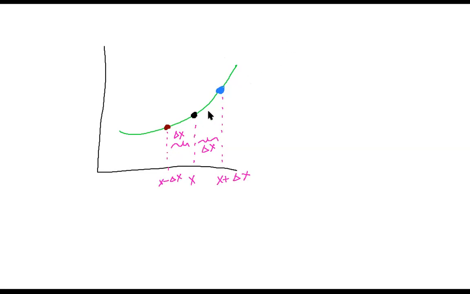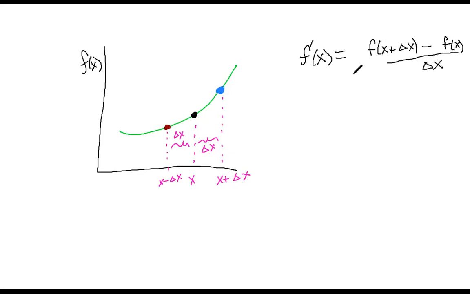If I call my function f of x, then I would say that the derivative f prime of x equals f of x plus delta x minus f of x, divided by delta x.